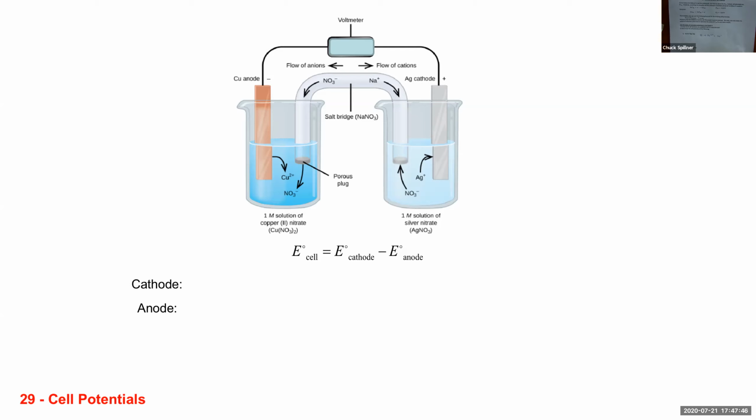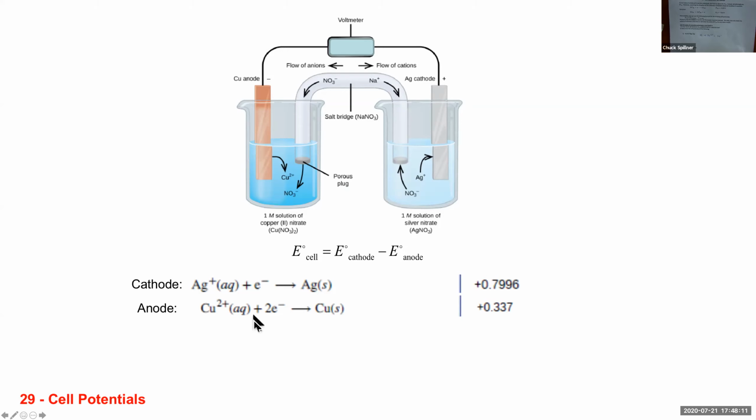It's a reduction, silver ion going to silver. So I have the cathode, the reduction of silver, shown here. The cell potential off that table for the half reaction of silver ion going to silver is 0.7996.